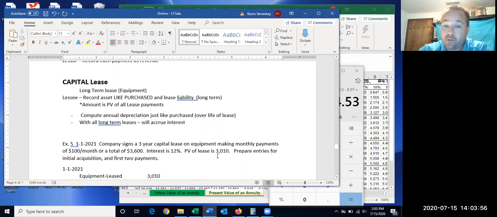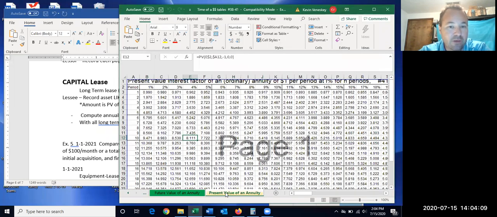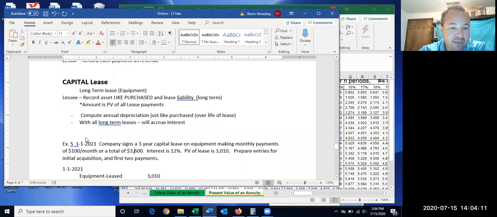The present value of the lease, I went ahead and did the calculation for us. I wouldn't have had to, but I think the book does it for you anyway. You could have figured it using the present value of an annuity. Remember your interest, we wouldn't use 12% because we're paying every month. So it would be 12% divided by the number of payments in a year. 12 divided by 12 is 1.